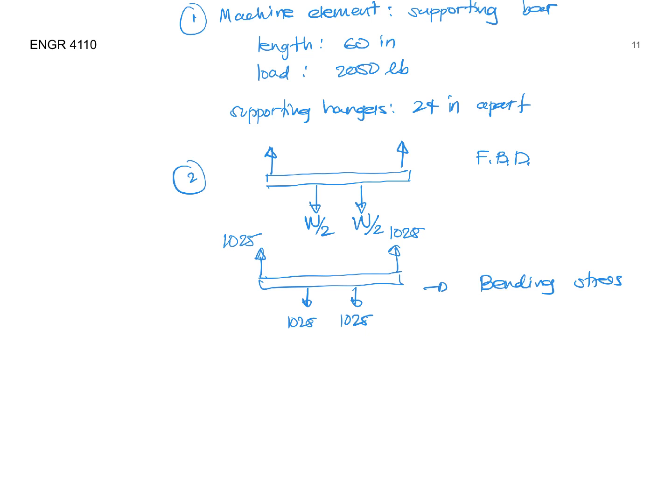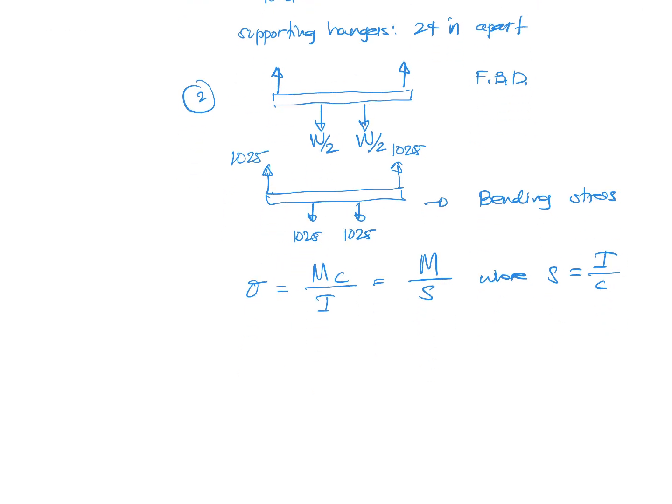So bending stress is MC over I, right? Where I is your moment of inertia and C is at the center of the bar, or it could also be expressed as M over S, where S is equal to I over C. Since the bar is under bending stress, we have to calculate the moment from the free body diagram.